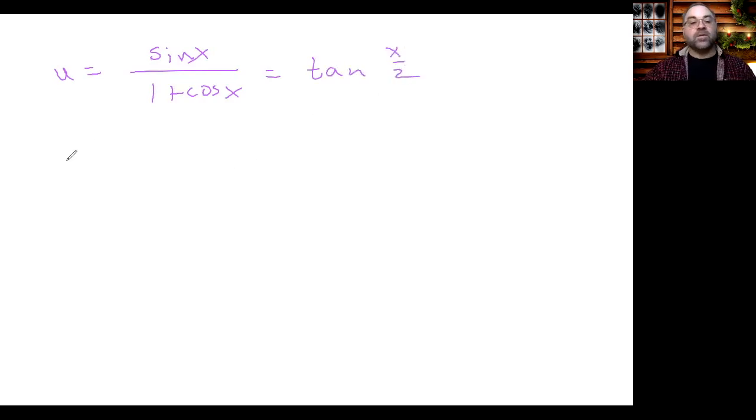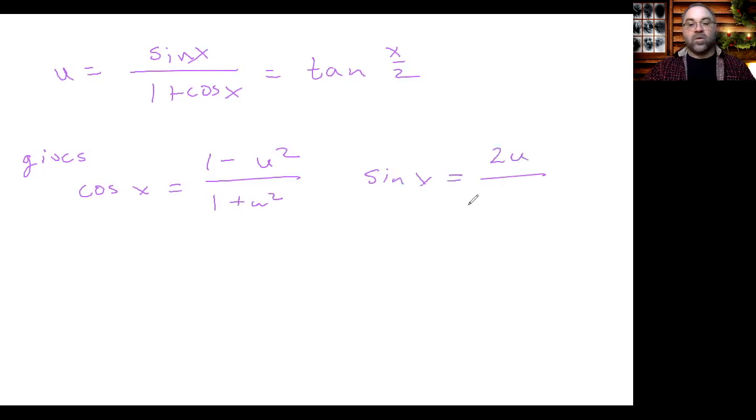And what that ends up doing is it gives you a couple of options. Cosine of x then, through a little bit of solving, turns out to be 1 minus u squared over 1 plus u squared. Sine of x turns out to be 2u over 1 plus u squared.